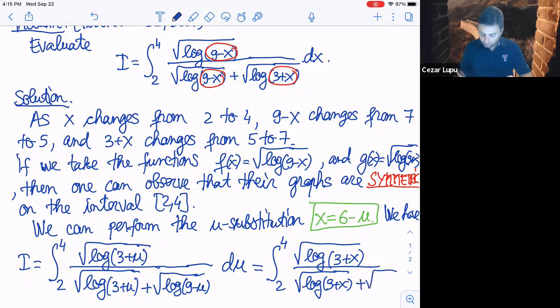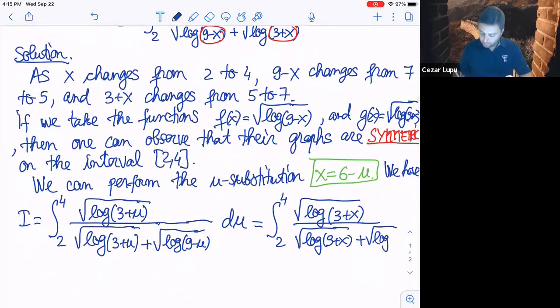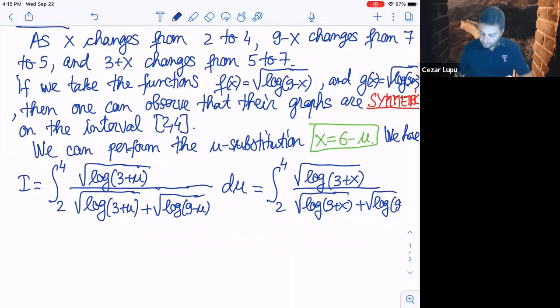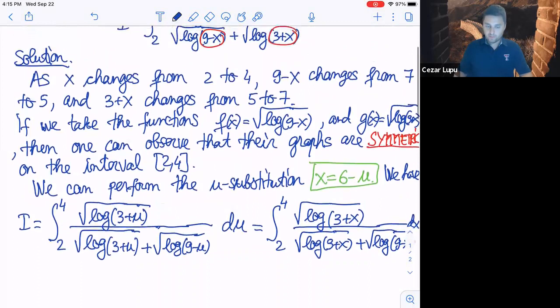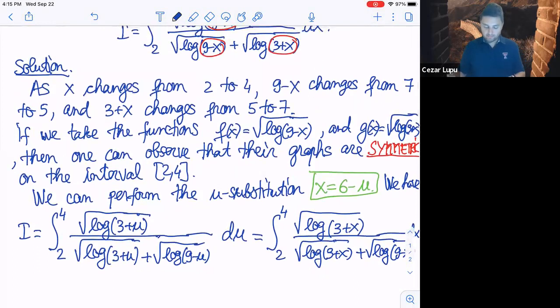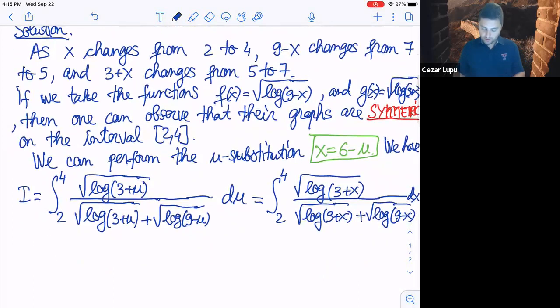Or the square root of log of 9 minus x dx. All right, that's great. That's beautiful.